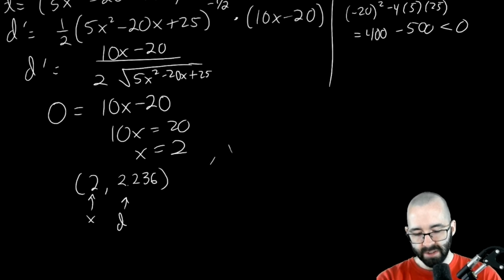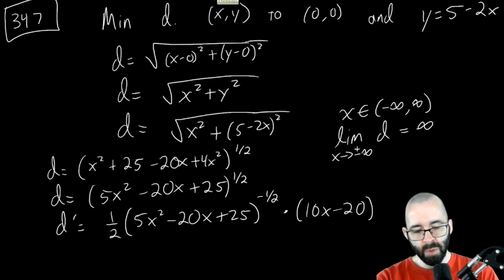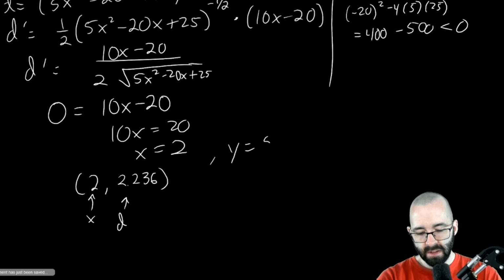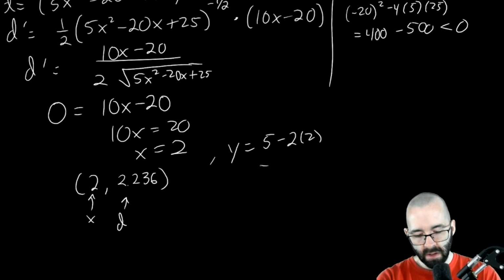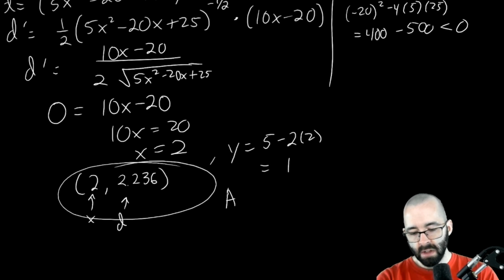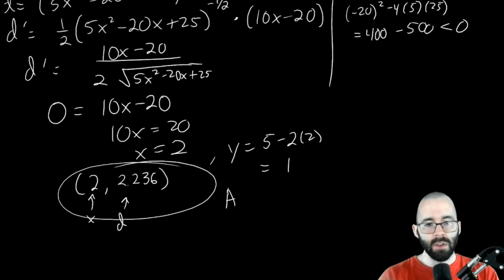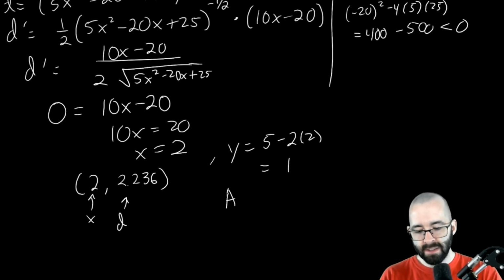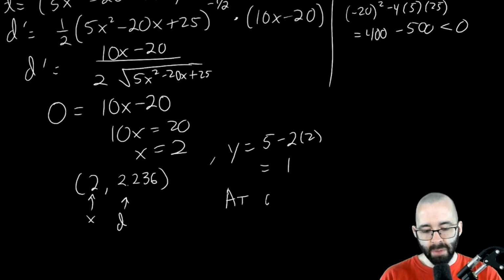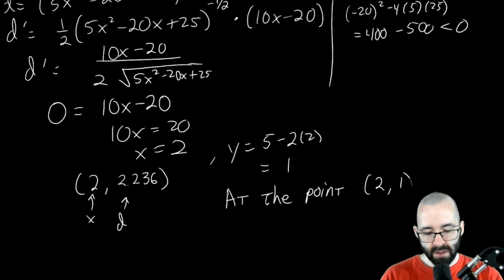But the y coordinate is also what we care about. And y is 5 minus 2x. So y equals 1. Even though we have an x coordinate here, x in the distance, our answer is at the point x comma y, 2 comma 1.